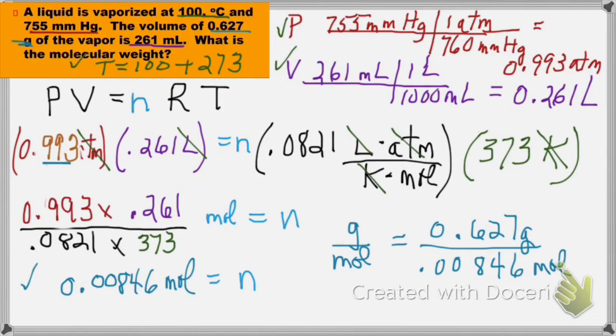We plug that in our calculator. We're going to round to 3 significant digits when we go back and look at the original data. Nothing is less than 3. And putting that in my calculator, I get 74.1 grams per mole. I hope you got that too.